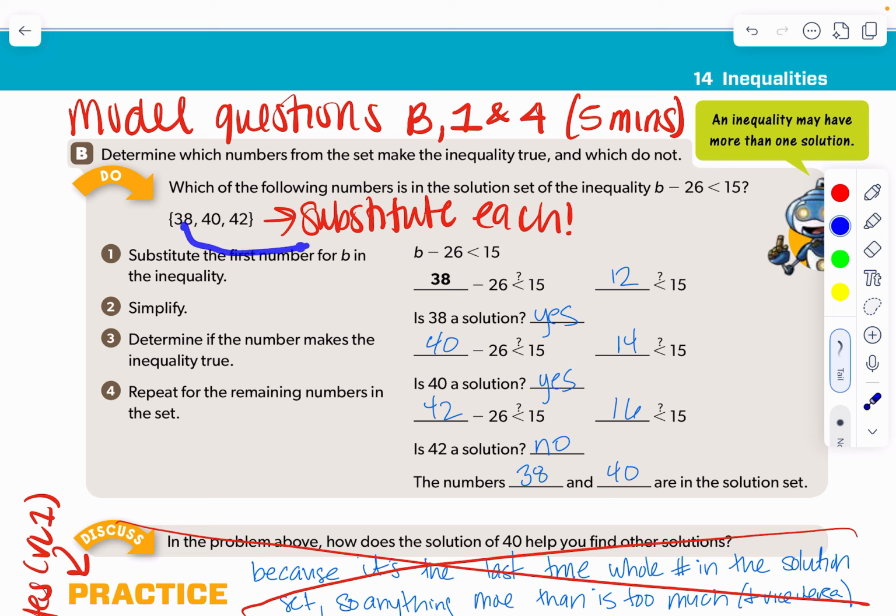So 38 minus 26, is that less than 15? Yes or no? What's the inequality statement? And then we're saying yes or no, okay? Then identifying which of these numbers, if any at all, are in the solution set. So for this example, only 38 and 40 worked.